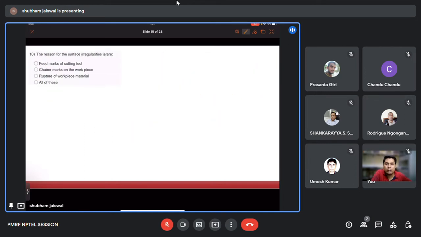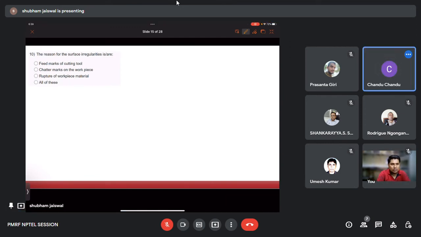Moving to our next question. The reasons for surface irregularities are feed marks of the cutting tool, chatter marks on the workpiece, rupture of workpiece material, or all of these? All of these, sir. And why is it so?